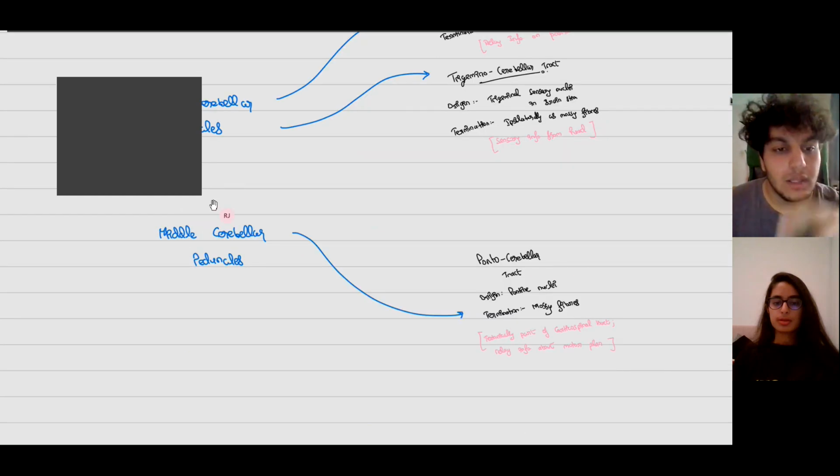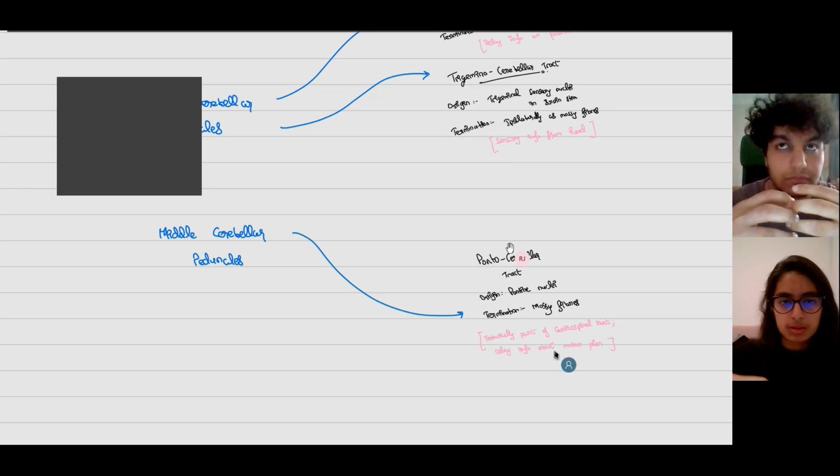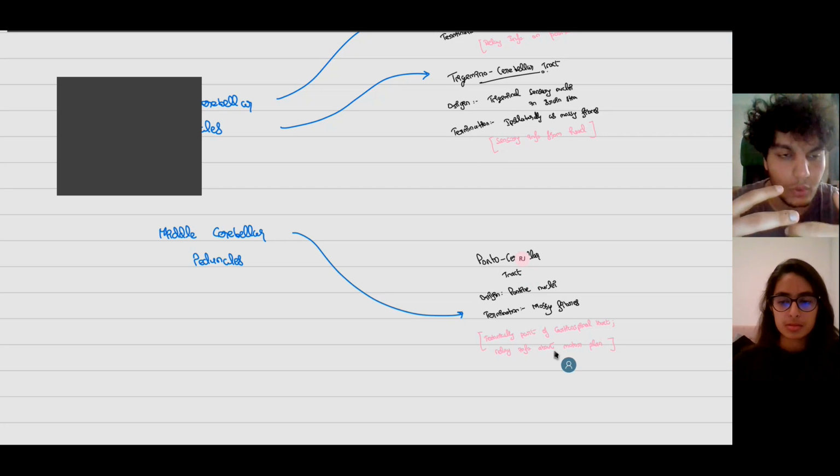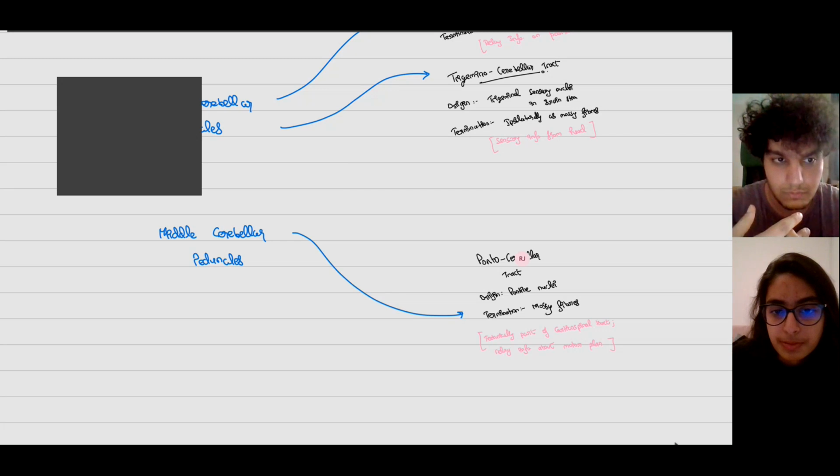Now, and last but not least, via your middle cerebellar peduncles, right, you have something called your pontocerebellar tract. From your pons, you have certain nuclei called the pontine nuclei, right? When a motor plan has finally been thought up by your prefrontal cortex, by your cerebrum, right, and it wants to carry out this action, right?